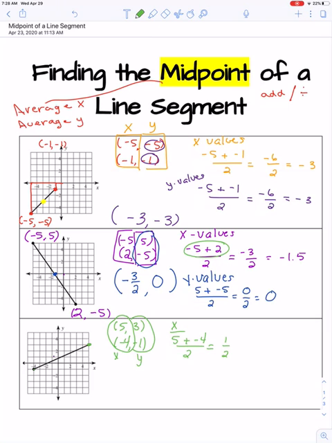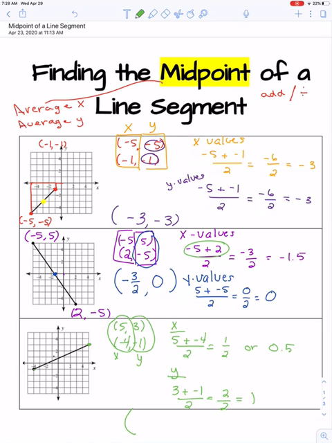So you can either leave it as 1/2 or you can say 0.5. Either way. Now let's look at my y's. I'm going to do 3 plus -1 divided by 2. 3 plus -1 is 2. Divide that by 2 to average it. Well, anything over itself is always 1.